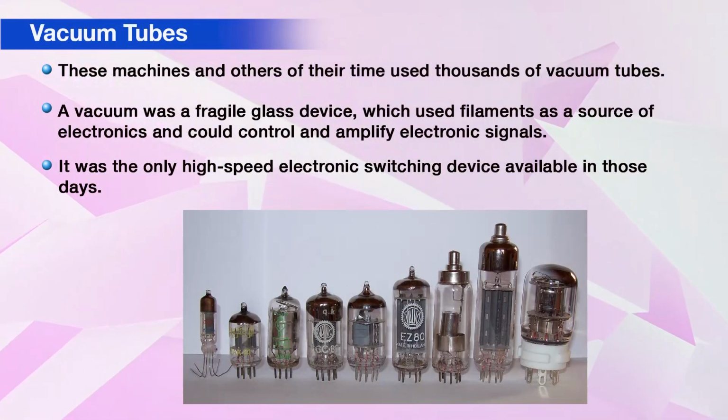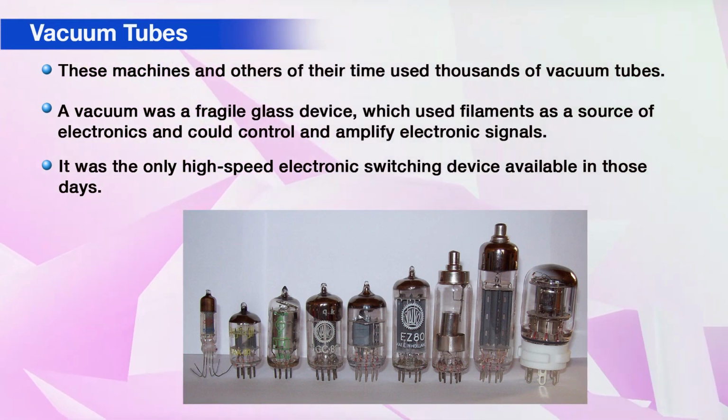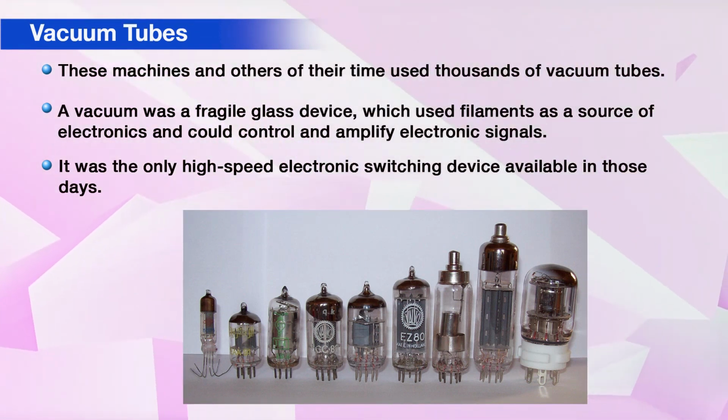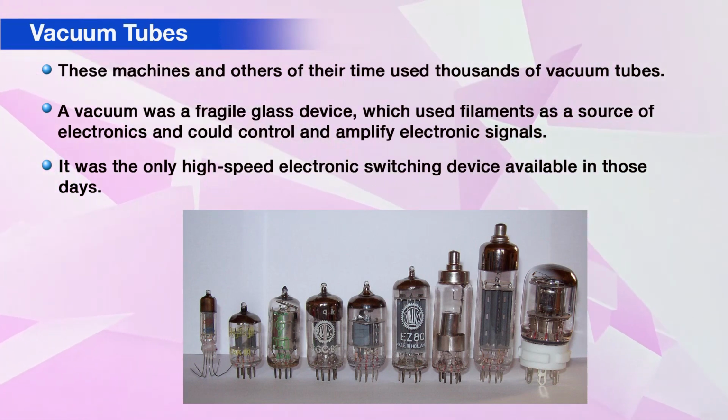So, what is a vacuum tube? A vacuum tube is a device that controls electric current between electrodes in an evacuated container, a tube. So, using those vacuum tubes, the first computer ENIAC was built. It also dissipated a huge amount of heat.